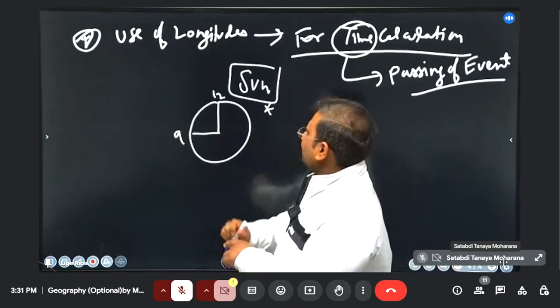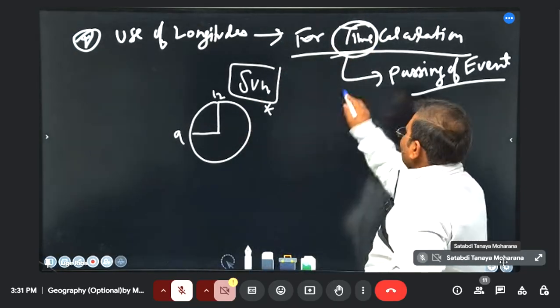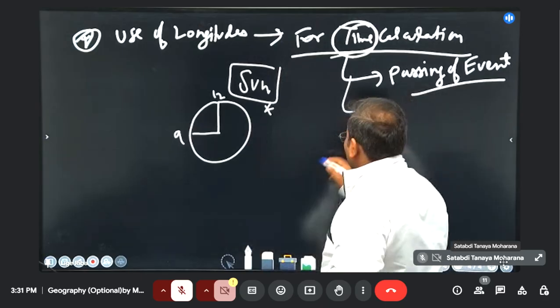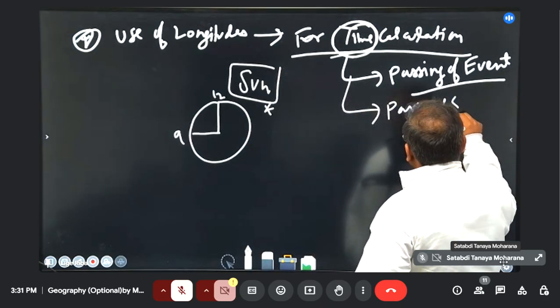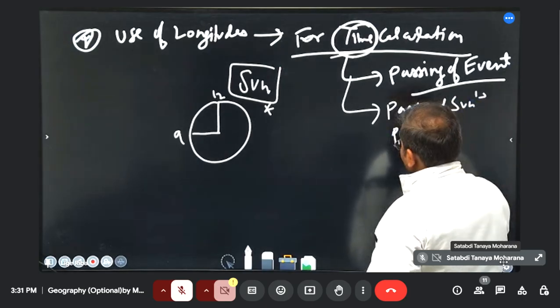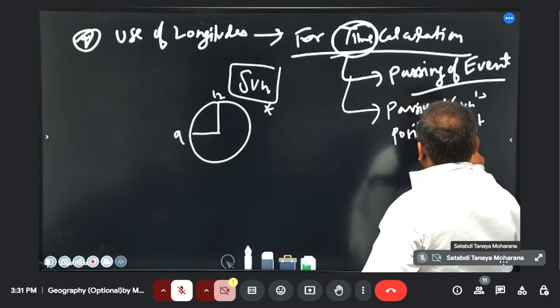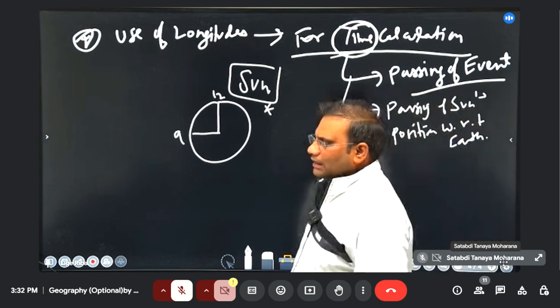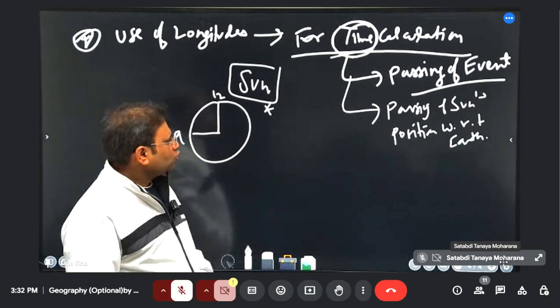So simply speaking, time is calculated as the passing of the sun with respect to the earth. So the passing of the sun's position with respect to earth is called time. I have a question.